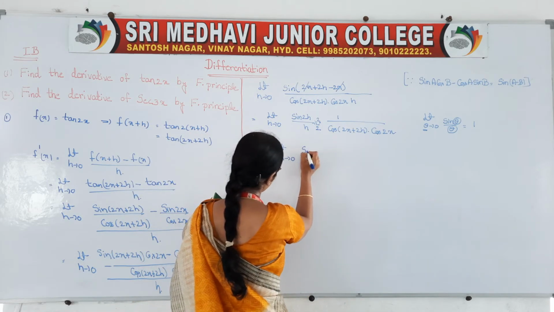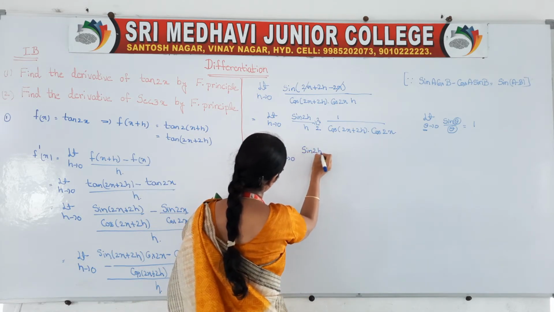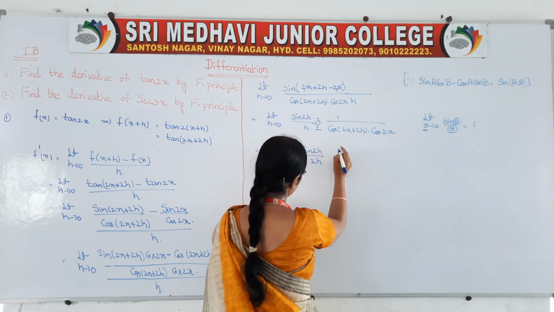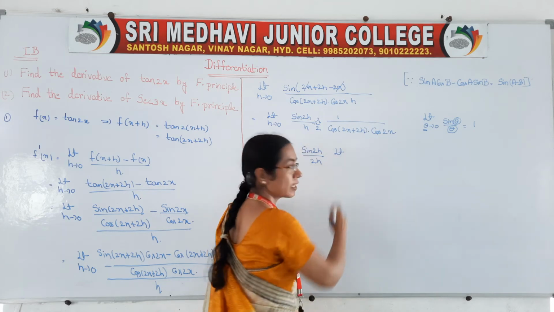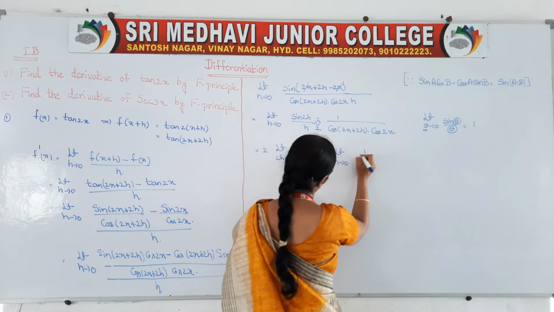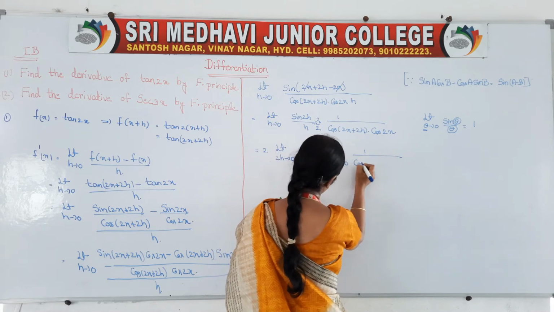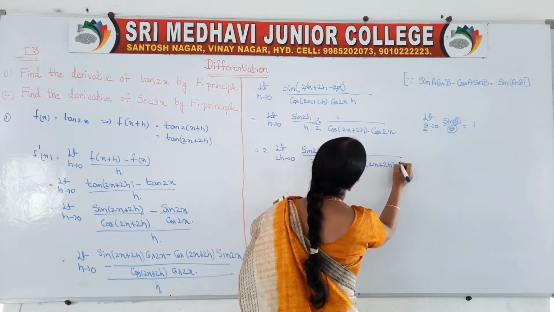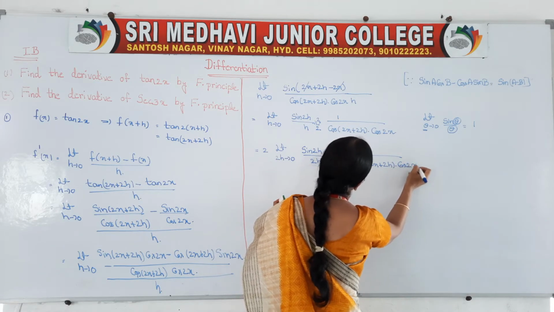So this can be taken as sin 2h by 2h, and apply the limit for this separately. Limit h tends to 0 of 1 by cos(2x plus 2h) into cos 2x.